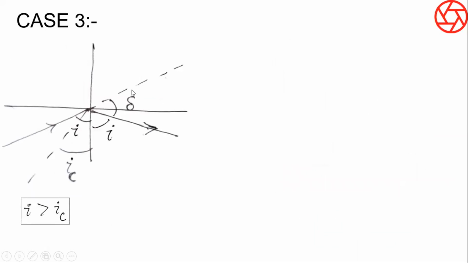Now taking the third case, if I make the angle of incidence greater than the critical angle, then it is nothing but total internal reflection. And now how are we going to calculate the angle of deviation here? The angle of deviation will be calculated by the same formula, that is pi minus 2i.